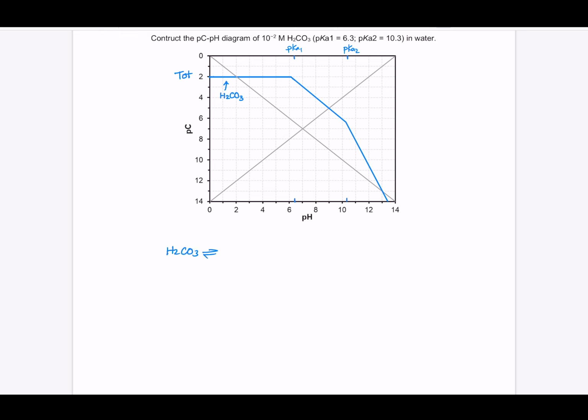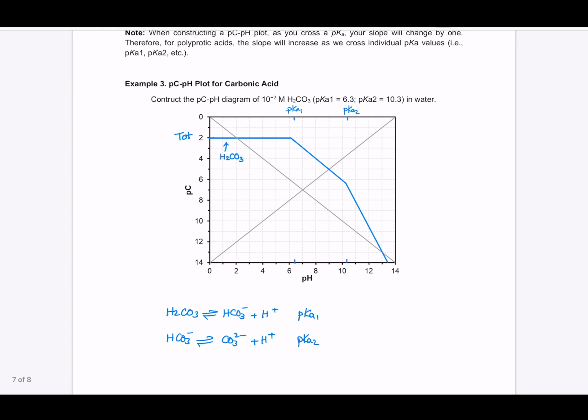H2CO3 going to HCO3 minus plus H plus. This is pKa1, and then HCO3 minus going to CO3 2 minus plus H, pKa2. So here we have the next species, HCO3 minus, this one.